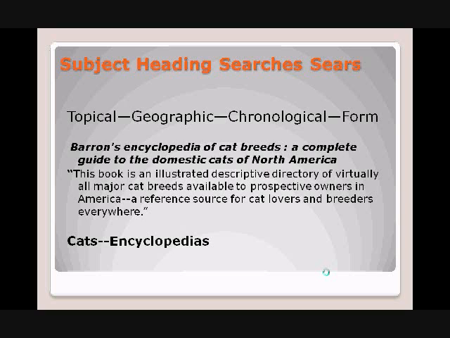We will go to Sears and browse. We will find the subject term cats, and then we will find the appropriate subdivision in this form subdivision, in this case, encyclopedias. So that is an example of how you would apply a subject heading and a form subdivision.